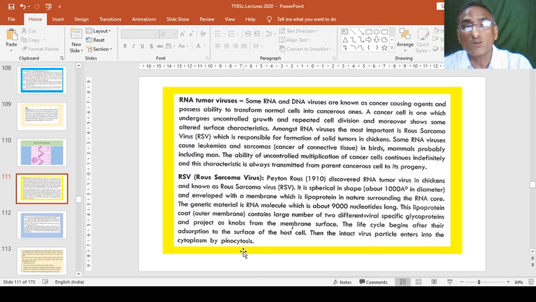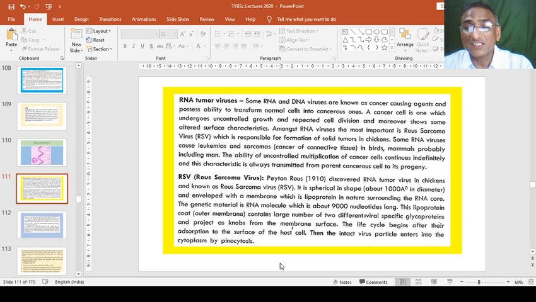Rous sarcoma virus, found in chickens or especially in birds, has RNA in which the genetic arrangement of nucleotides is quite larger than in other tumor viruses, with a lipoprotein membrane, and some glycoproteins are also observed as knob-like structures.